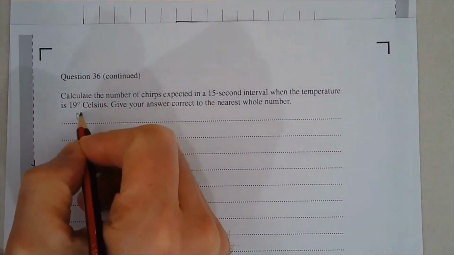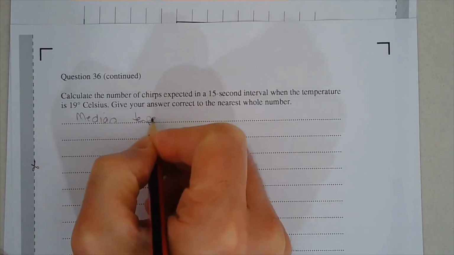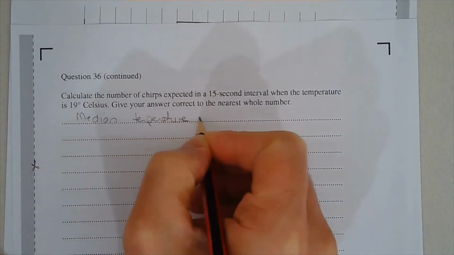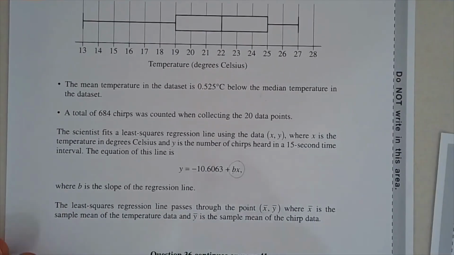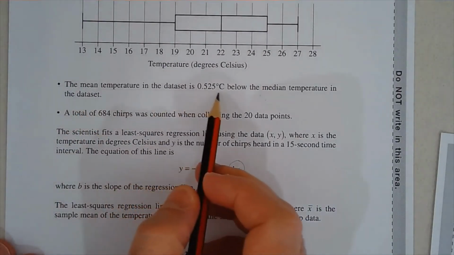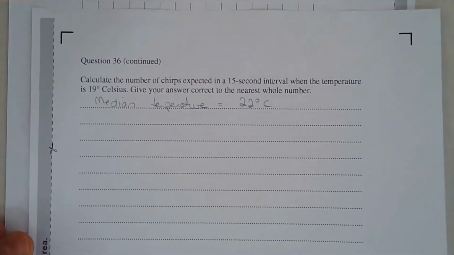So I'm going to write down that the median temperature is equal to 22 degrees Celsius. Now the mean temperature is 0.525 degrees Celsius below that. So let's write that down.